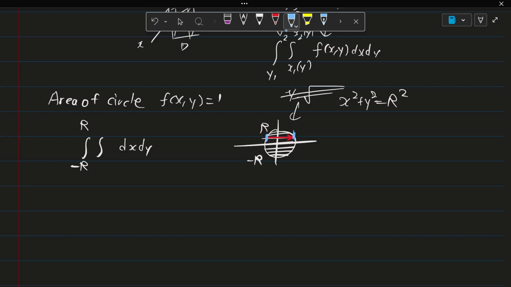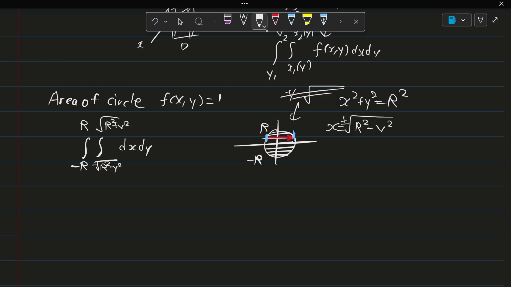These 2 points are our boundary. We just need to solve for these positions. We could write this as plus minus the square root of r squared minus y squared. It's the same boundary. So this will later be the limit from negative square root of r squared minus y squared to the square root of r squared minus y squared. That's our boundaries. And then you just need to take the integral of this.